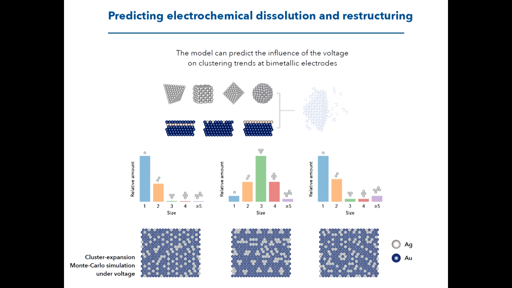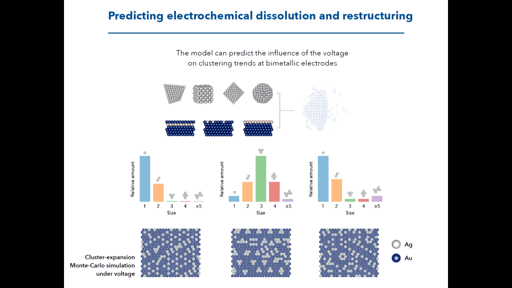We can understand that as you increase the voltage from the left to the right, you have a gradual enhancement of the population of trimers, and then a non-monotonic trend that leads to the emergence again of monomers. But you can see also that you have an enhancement in the population of the multimers, and you can see here, for example, different rings that form under high voltage that may have an important contribution to the electrocatalytic activity of this type of surface.